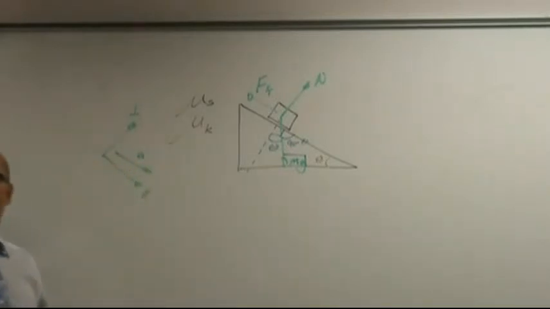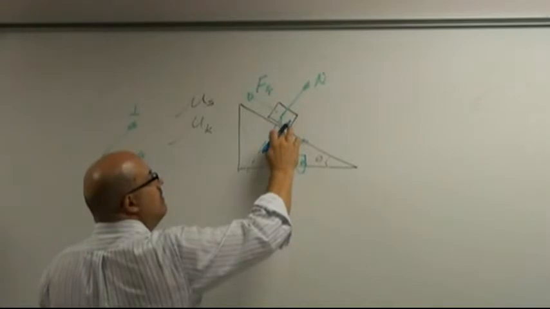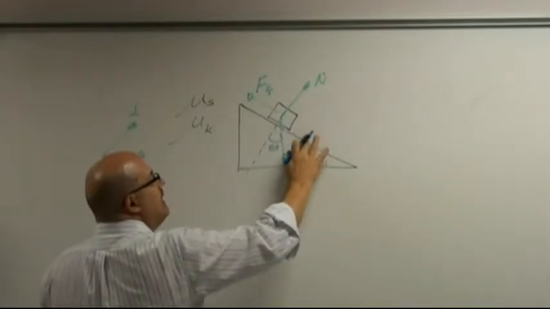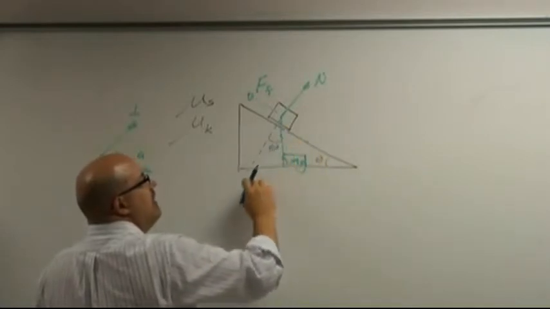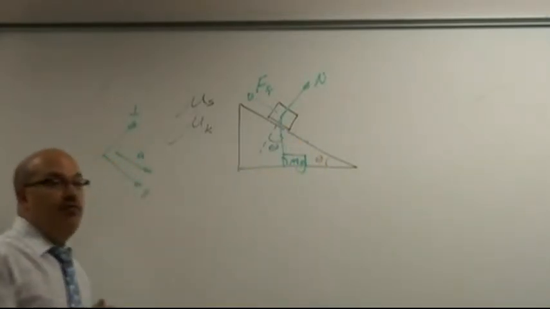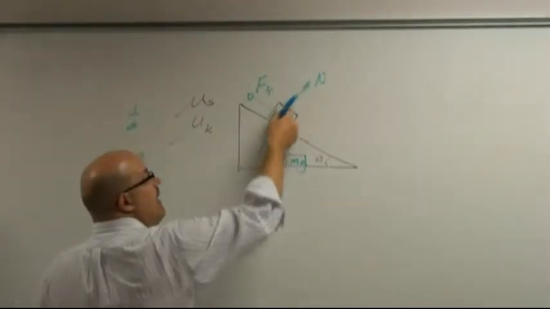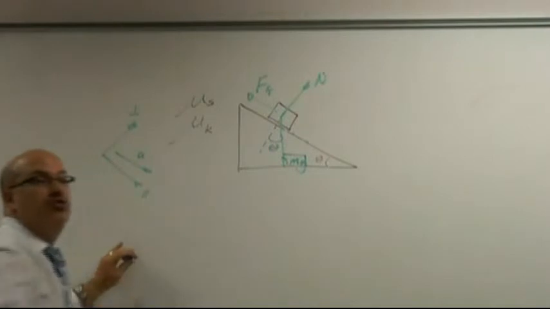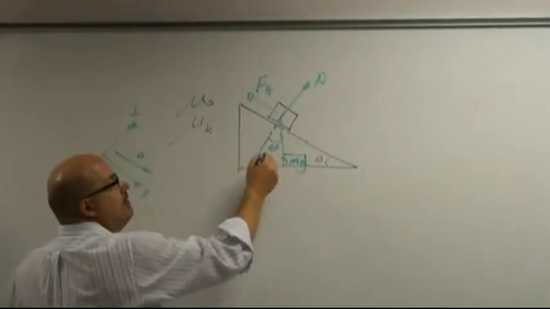So every time you're on an incline like that, this angle right here is going to be theta, the same theta as this theta, by geometry. Now here's the hard part for most: gravity. It's going to be along the same line as the normal, perpendicular to the surface. Draw that line perpendicular to the surface.